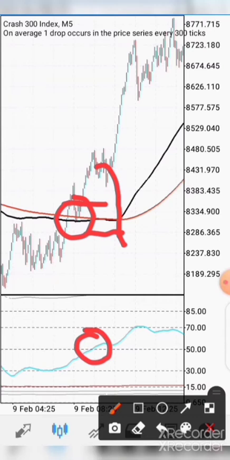For me, what I do is this: if price comes back here and crosses this moving average, I still hold. But if another bearish candle forms after this first one, then I just close it. So that is how you minimize risk, the risk management for this one.